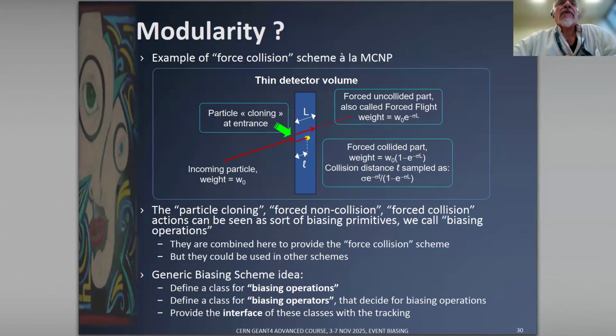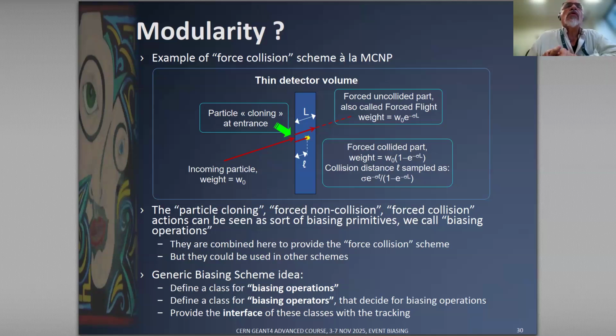and it goes out with some weight. For the other copy, you force it to have an interaction inside the volume, and this also happens with some weight. You see that we have a kind of atomic components: one is the cloning, another is the force non-collision, and another is the force collision.